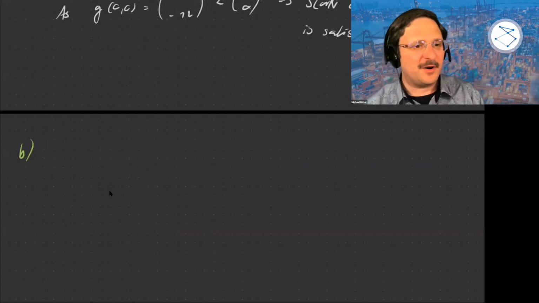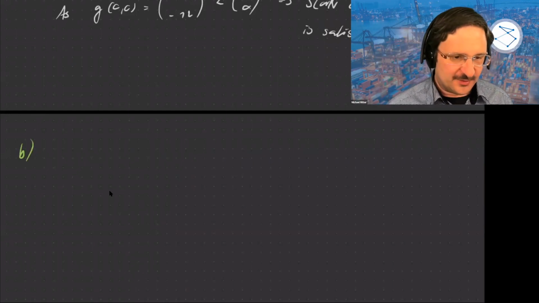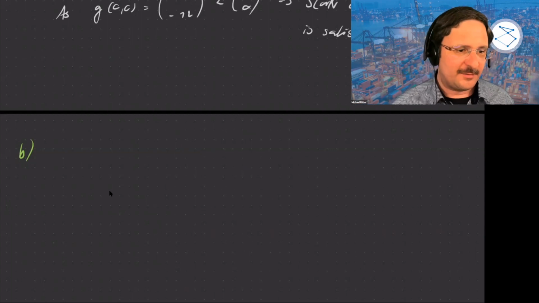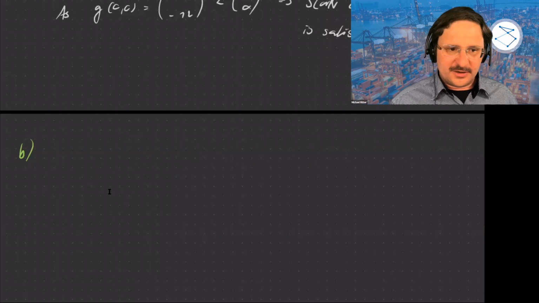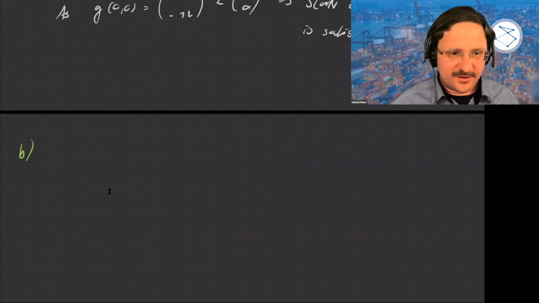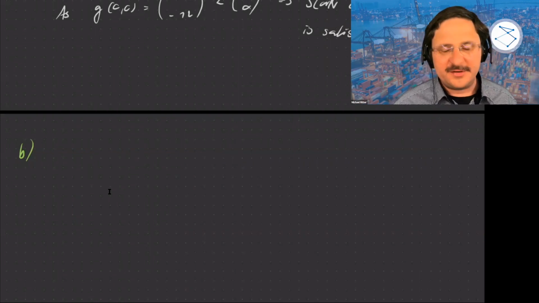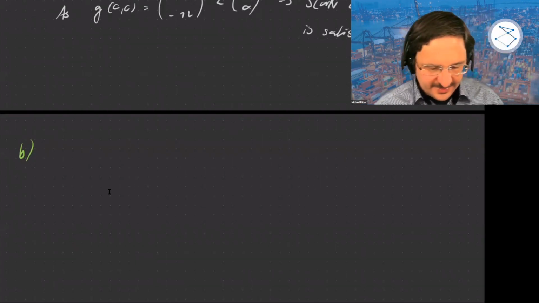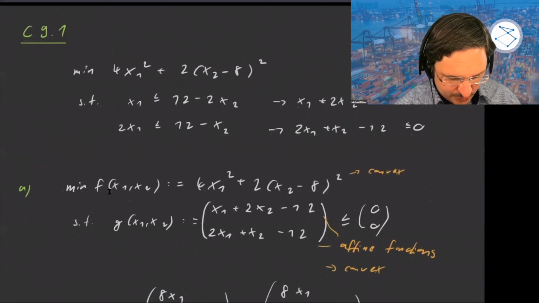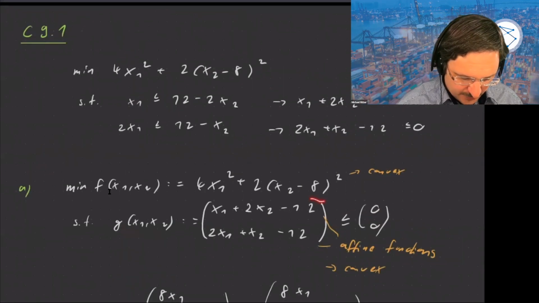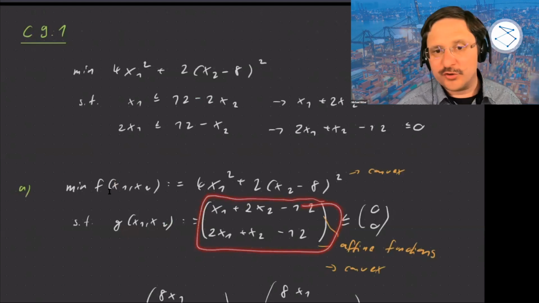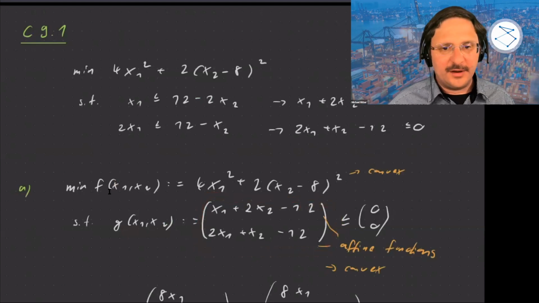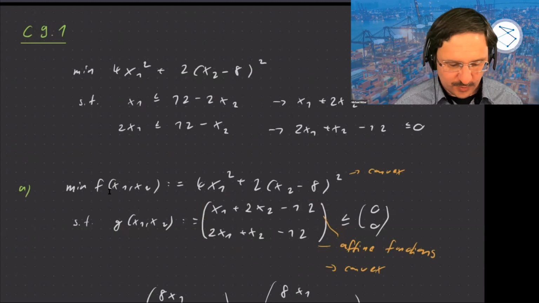Okay, let's write down the KKT conditions finally, part B. So we want to have KKT points, and the KKT conditions basically consist of a Lagrange-like condition, feasibility, and complementarity constraints. In this case, we have two components in that function g, two inequality constraints, and we need one multiplier for each of those inequality constraints.